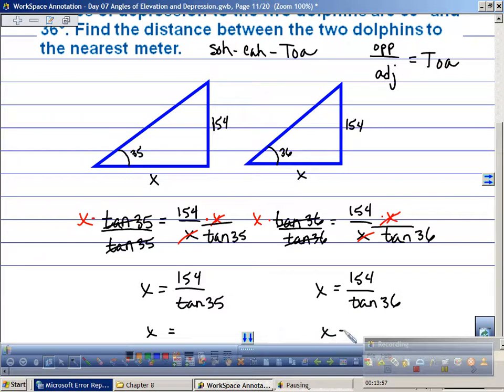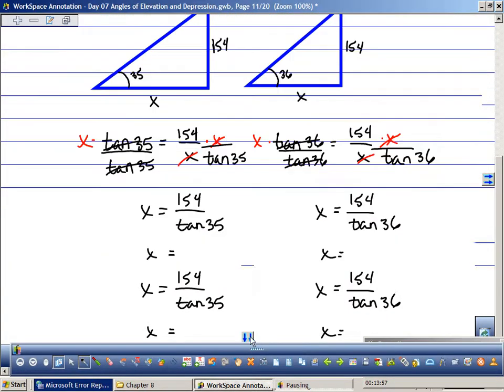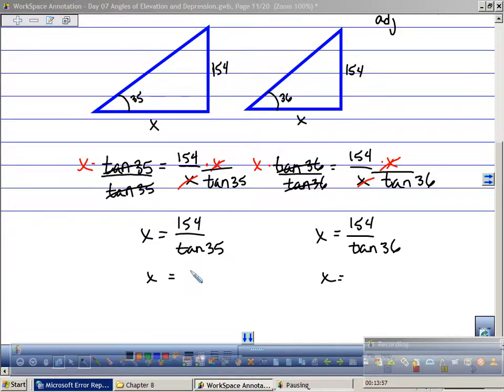The tangent. Not you. I told you that calculator doesn't work very well. I need somebody to raise their hand. Connor!